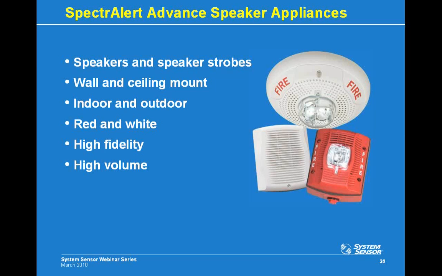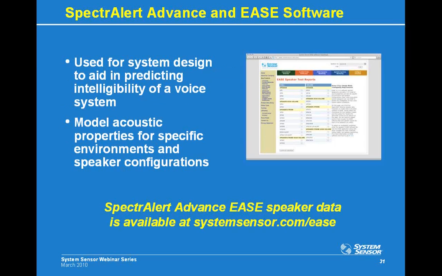Finally, as I noted earlier, we would like to briefly mention some software that is commercially available that can help aid in the design of an intelligible voice system. EASE 4.3 software is available for use by sound designers to model acoustical properties for specific environments and speaker configurations.